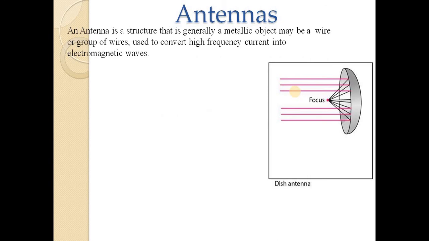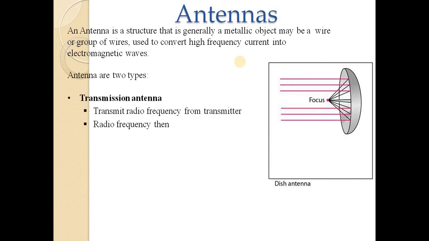First of all, let us see the theory of antennas. An antenna is a structure that is generally a metallic object, may be a wire or group of wires, used to convert high frequency current into electromagnetic waves. Antennas are of two types.